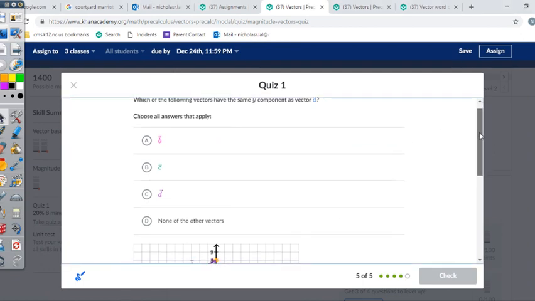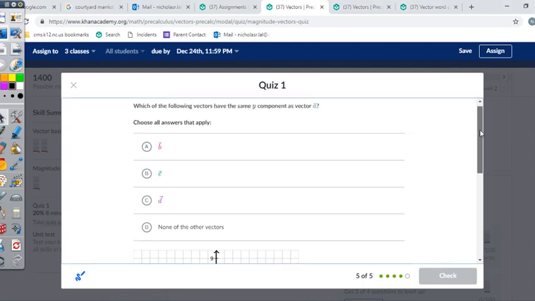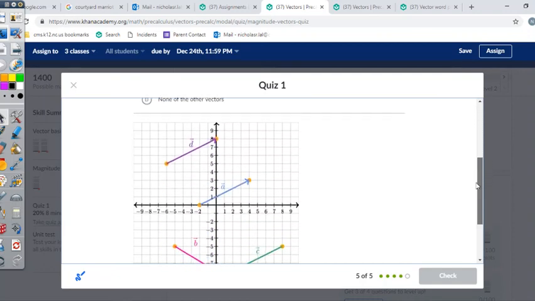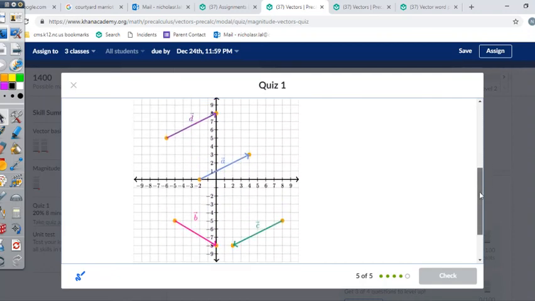So, that being said, they have the same direction, but different magnitudes. Which of the following vectors have the same y component as vector A? So, vector A has a y component, ignoring our horizontal component, but just a vertical or y component of plus 3.